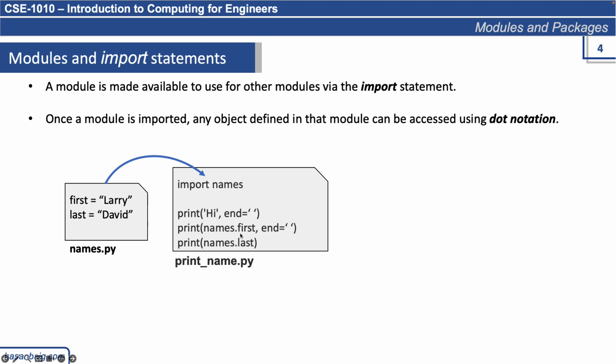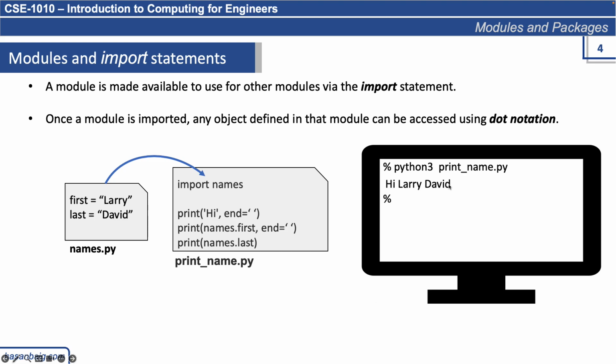So names.first will go to the names file and access the value associated with the variable name first. Okay, and the same is the case with names.last. So when I execute this code, print_names.py, it would print the same thing we have seen before, hi Larry David.